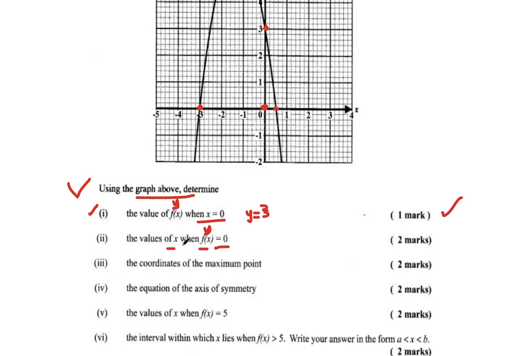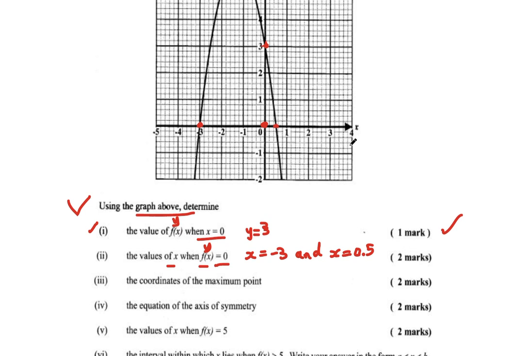And there's also an x-intercept midway between 0 and 1, which is half, or 0.5. So the answer, the values of x when y is equal to 0, would be x equals -3 and x equals 0.5. Those are the x-intercepts. The x-intercepts occur when y is equal to 0, and the y-intercept occurs where x is equal to 0.